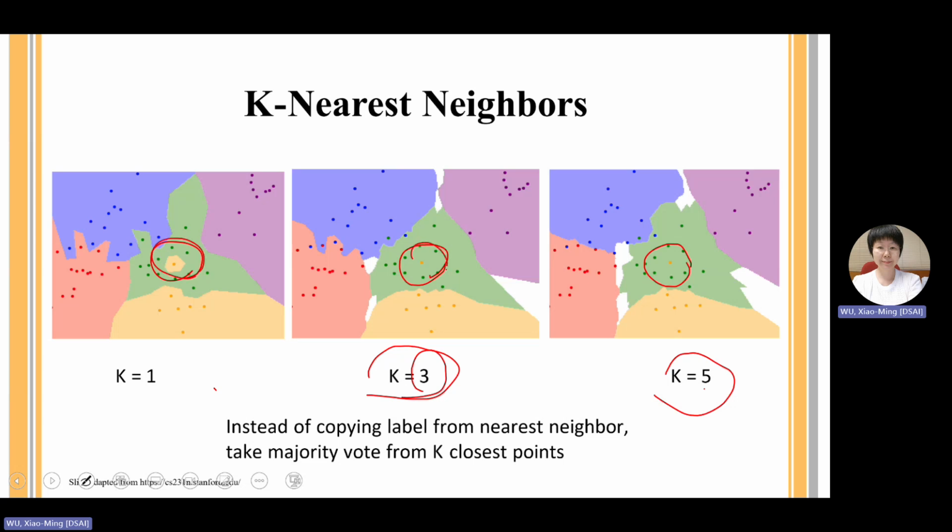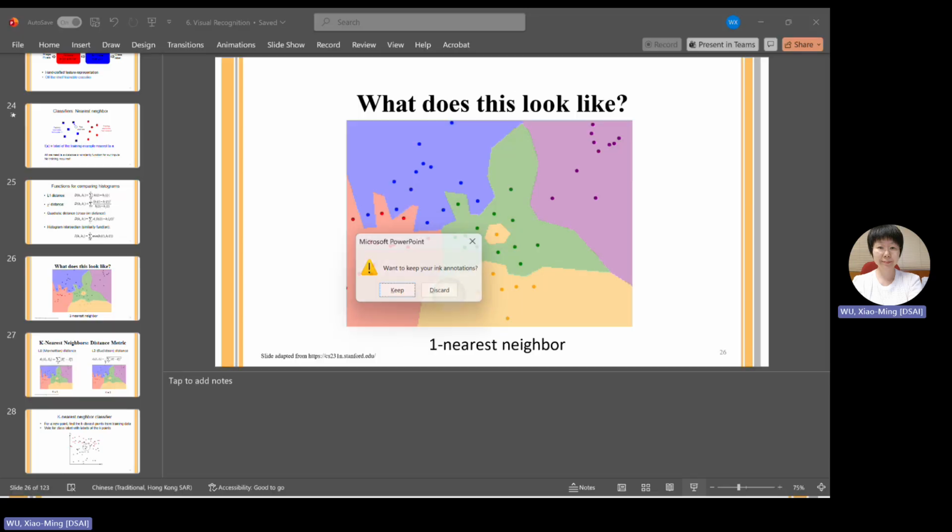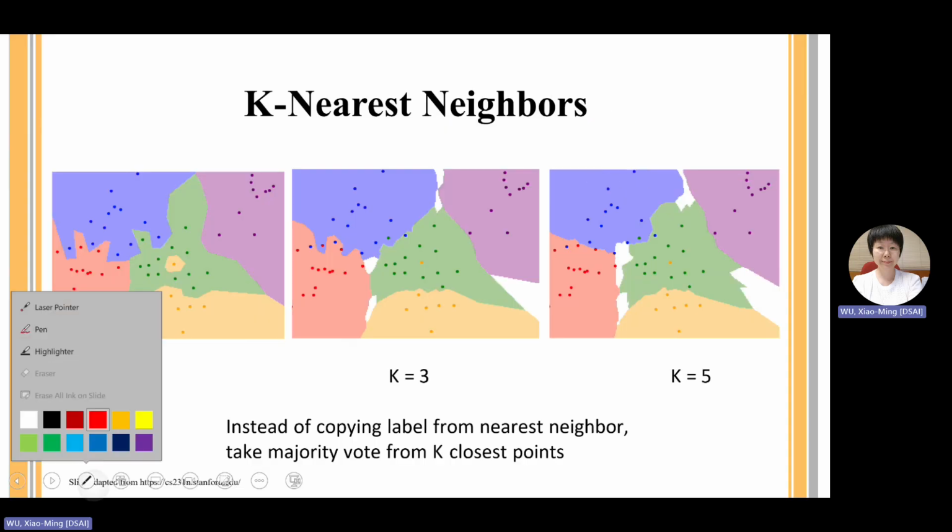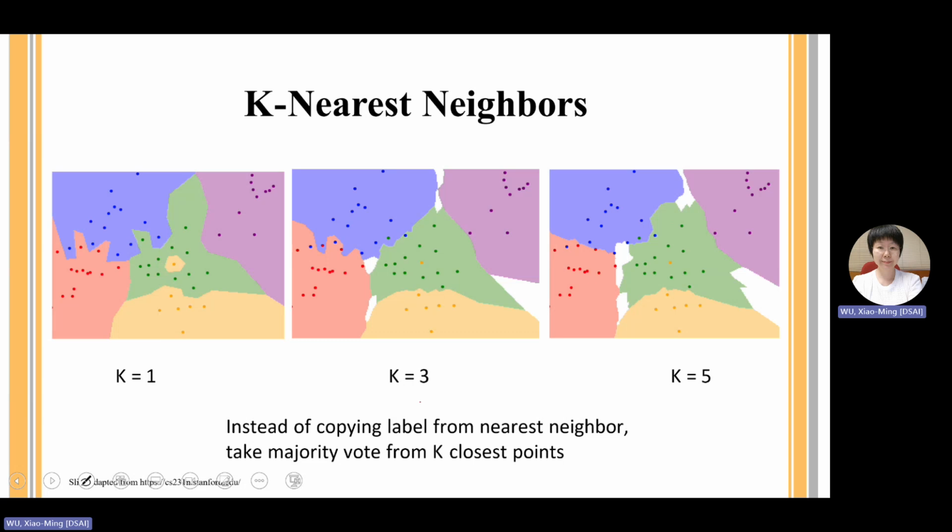These regions are all classified as the green class, except for the outlier point, because the outlier point comes with the original label of the yellow class. So immediately we can see that if we use larger K, it smooths the outlier.